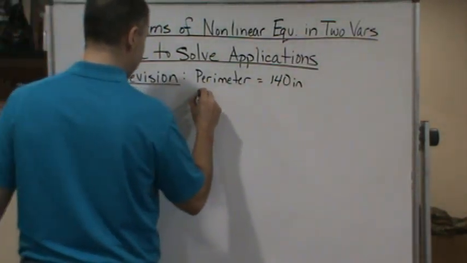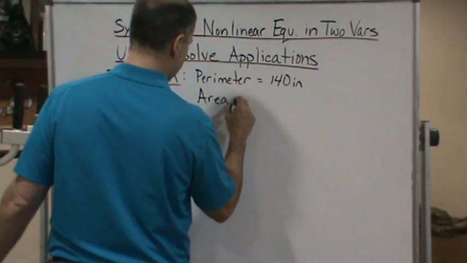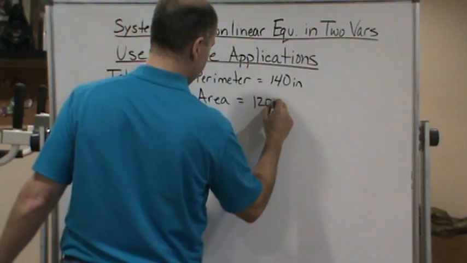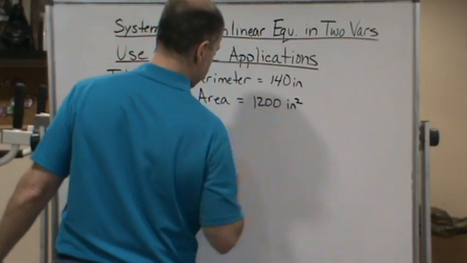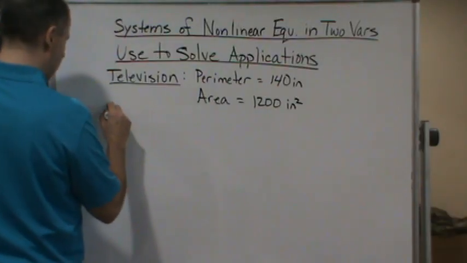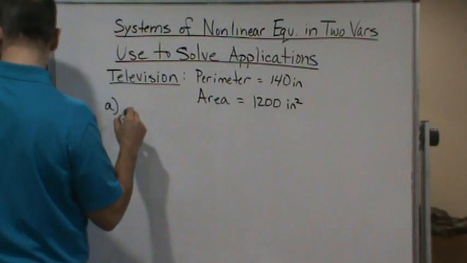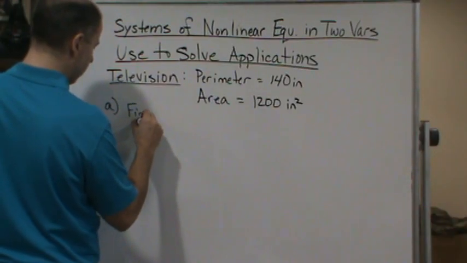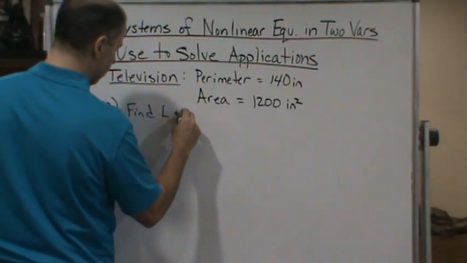The area of the screen is equal to 1,200 square inches. What they want us to find first is the length and the width of the television screen. So they want us to find L and W.